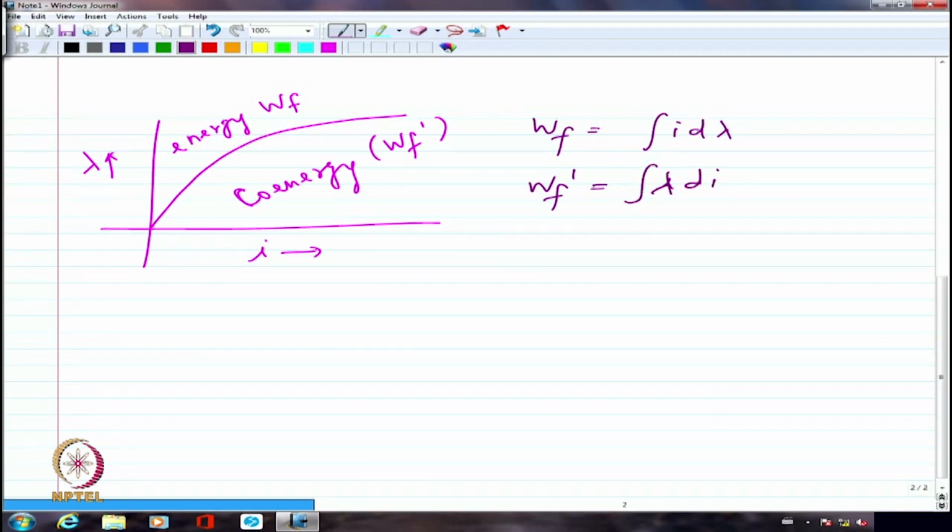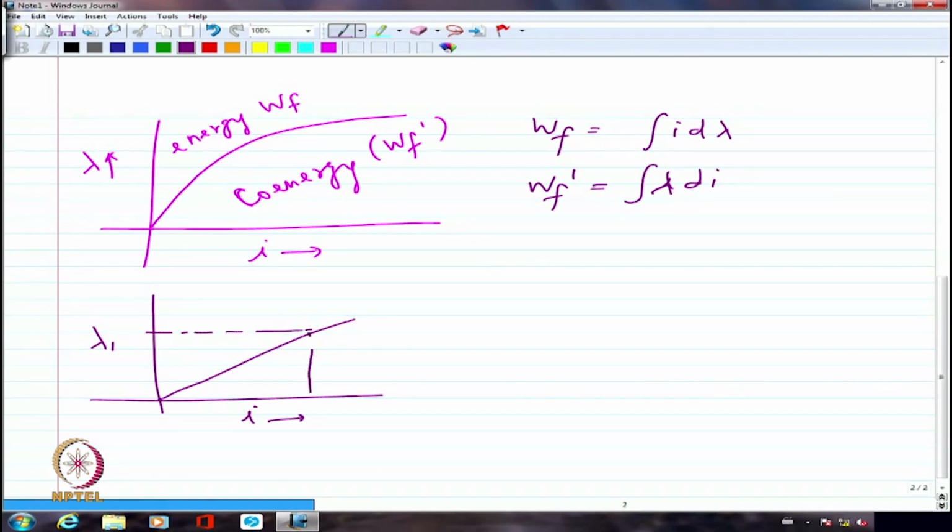And energy has at least some kind of physical connotation, whereas co-energy does not have any clear physical connotation. If it is a linear system which has linear characteristics between I and lambda, I am going to have whatever is this rectangle that represents directly lambda times I. In this case, this particular line divides the area under the rectangle exactly into two halves.